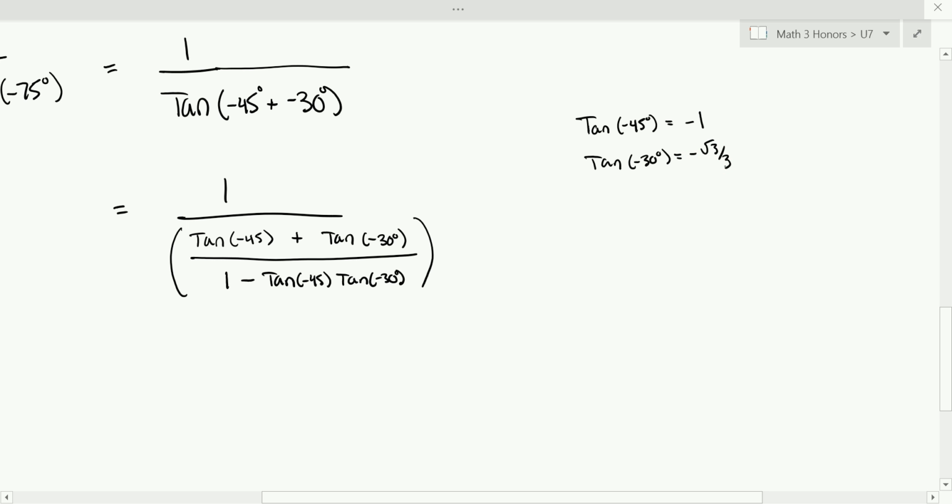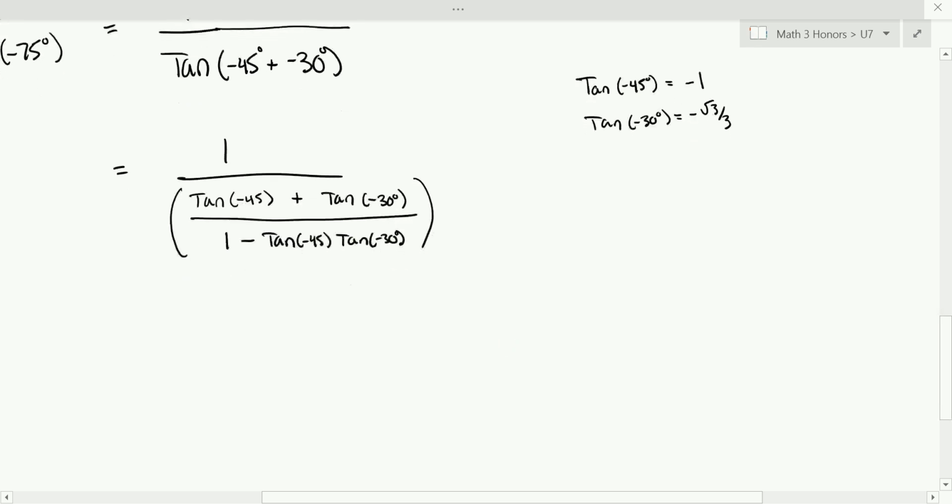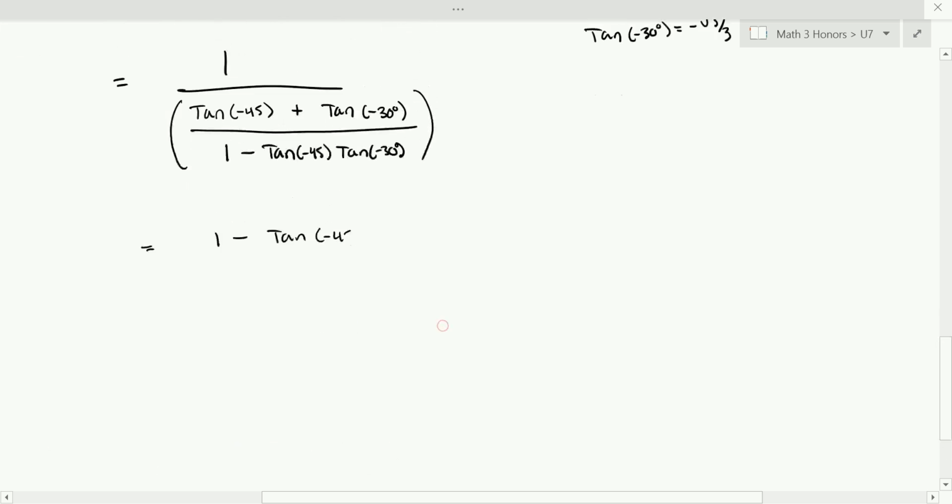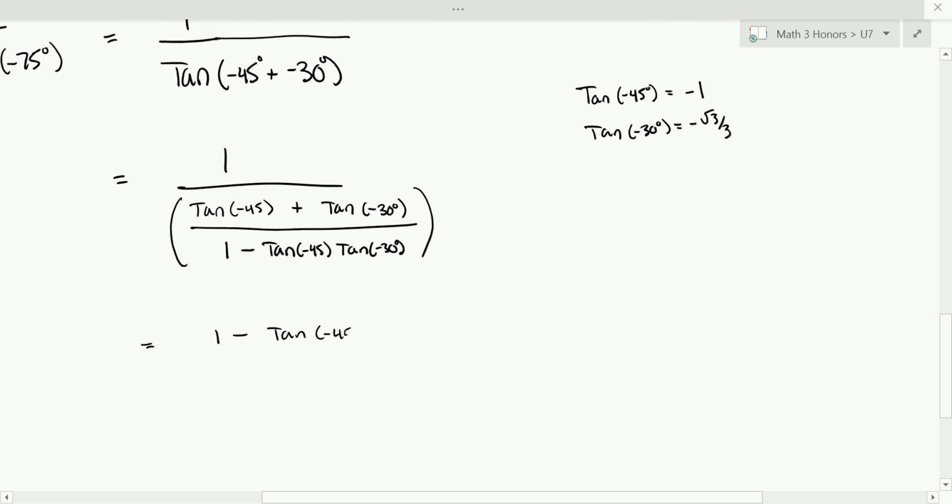So now I start to plug those in. And if you want, we don't need to leave this as a fraction over a fraction. We could flip this back over, right? So let me flip it over. So I get 1 minus tangent negative 45 tangent negative 30.